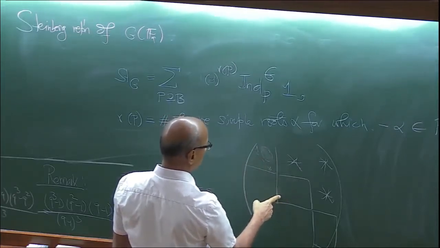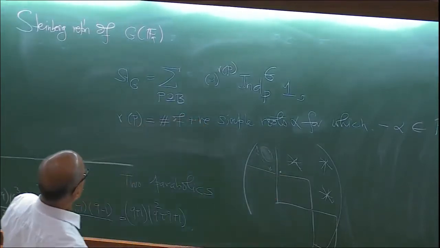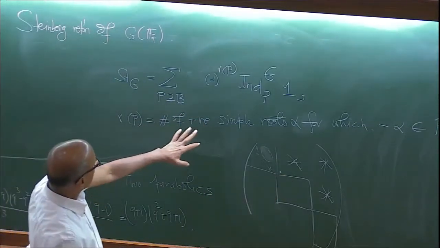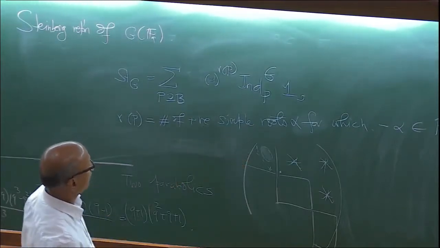Roots here have negative, but this root has no negative. So here one is just interested in the number of positive simple roots alpha for which minus alpha belongs to P.